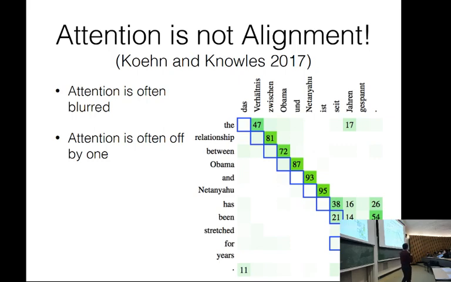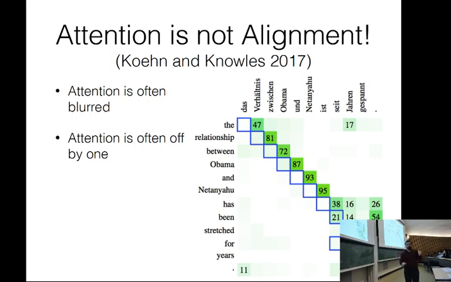Quite often when you train, you'll see that compared to what you would expect, attention is always off by one. So you can see here that the highest weights in this example are always a step next to what you would have expected them to be.